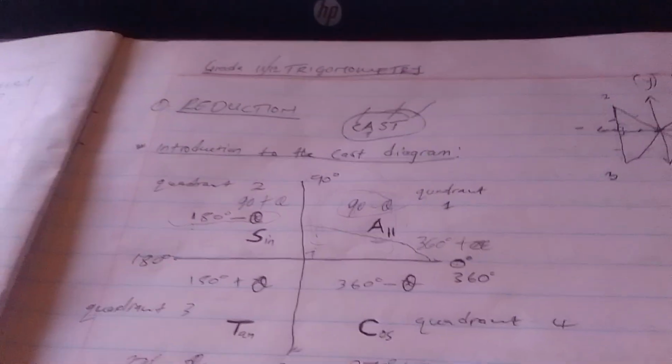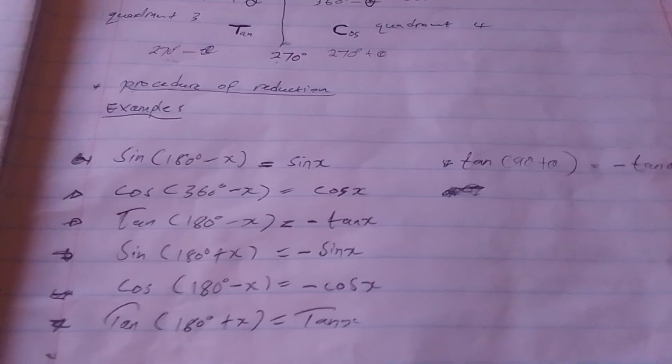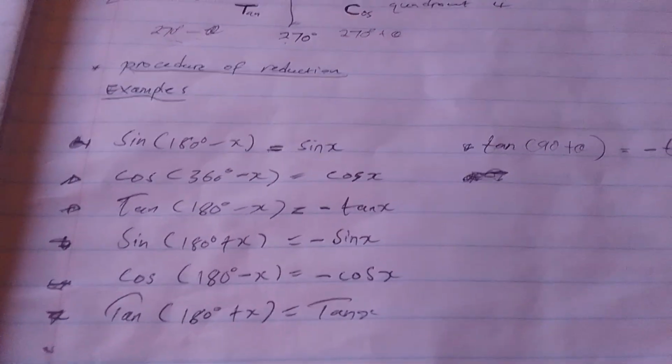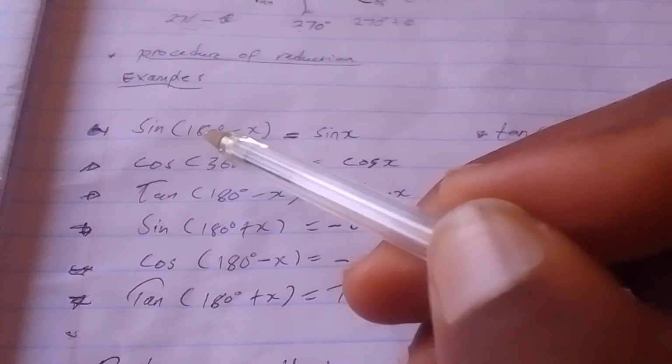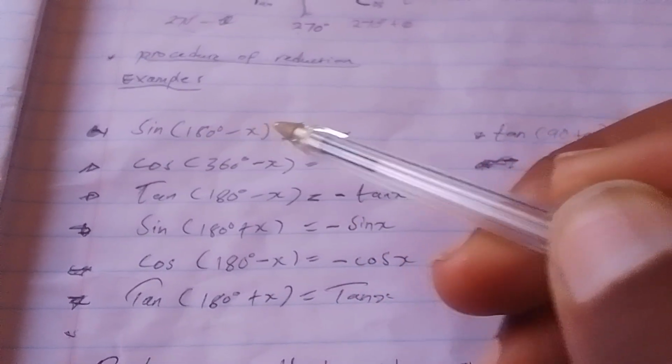Now, let's go further. Procedure of reduction. Examples. These are just examples. So we have sine of 180 degrees minus x.